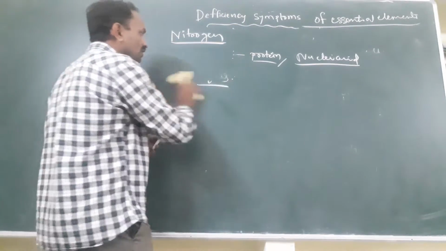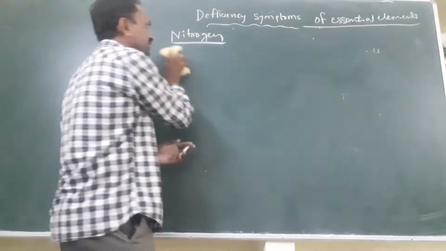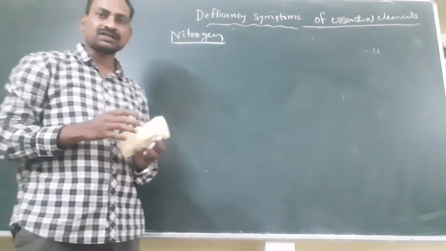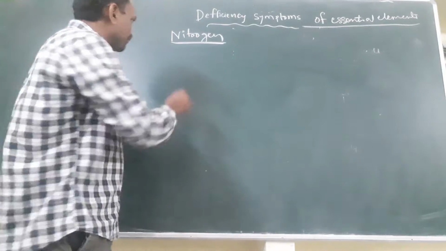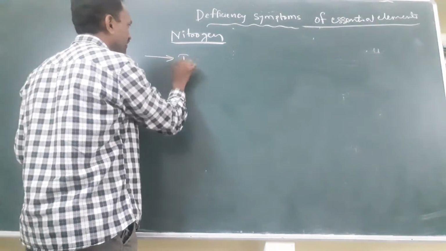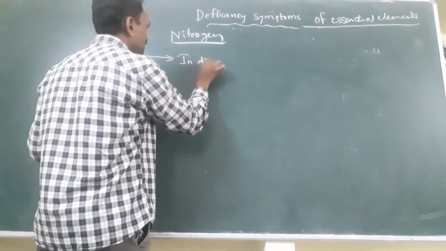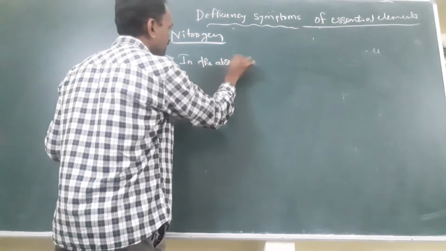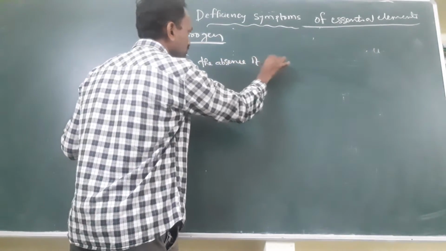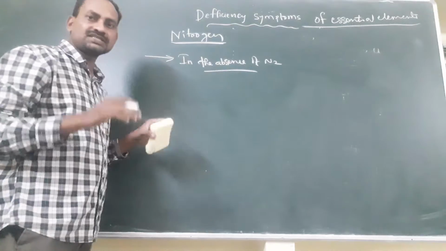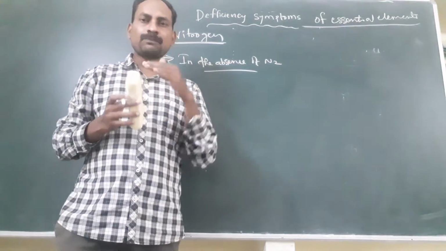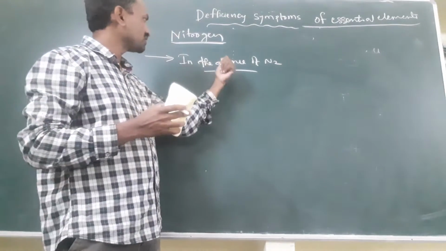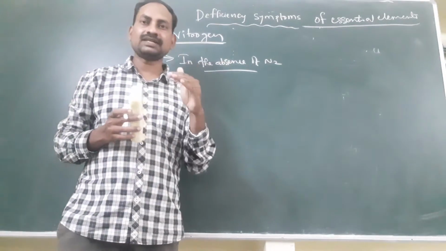And when there is a deficiency of the nitrogen atom in the soil, what are the symptoms the plant produces? First, in the absence of nitrogen, plant growth is retarded. Retarded means there is no proper plant growth when nitrogen is absent in the soil.